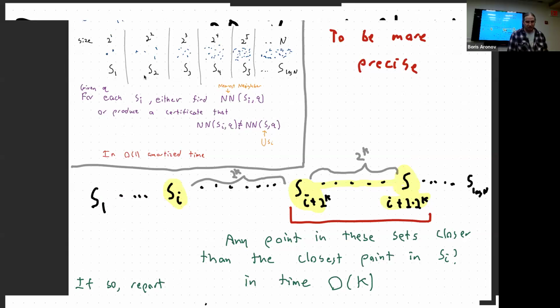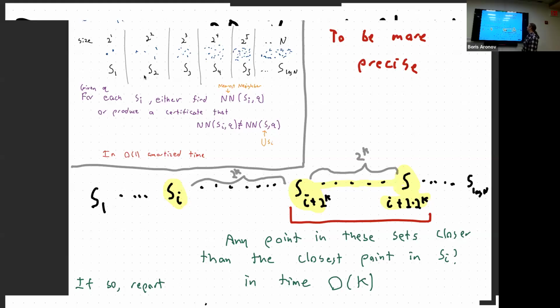So to be precise, and again, this is delving into details a little bit, what we're going to do is come up with a method that, given some set and some k, looks at the sets from 2 to the k to 2 times 2 to the k.